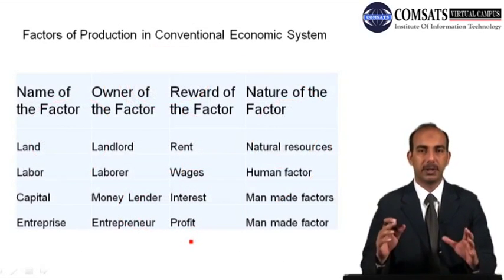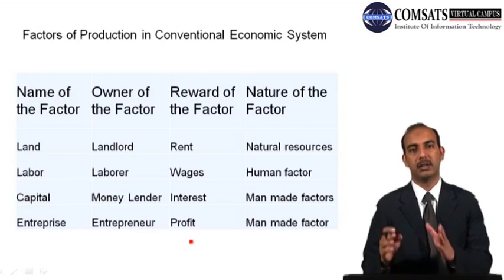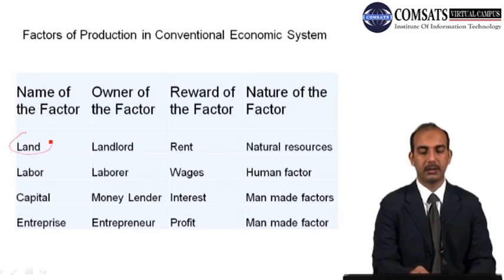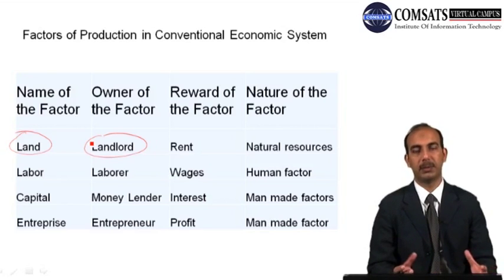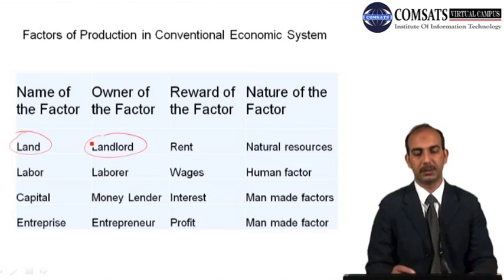These factors of production are owned by certain people and they earn their own reward. For example, land is owned by the landlord, and sometimes land is collectively owned by the nation, by the people of the country. When it is not in the name of a particular person, then it's in the name of the state, within the borders of the state.